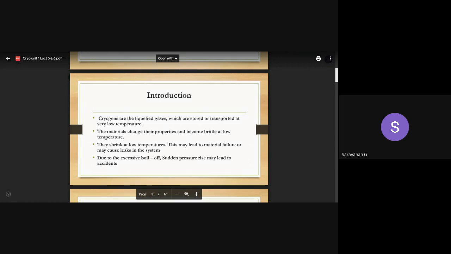As you know, cryogens are nothing but liquefied gases. This is very well known to you. All the cryogenic fluids have been or can be produced from the process called gas liquefaction. That is the process from which we are able to get these fluids.